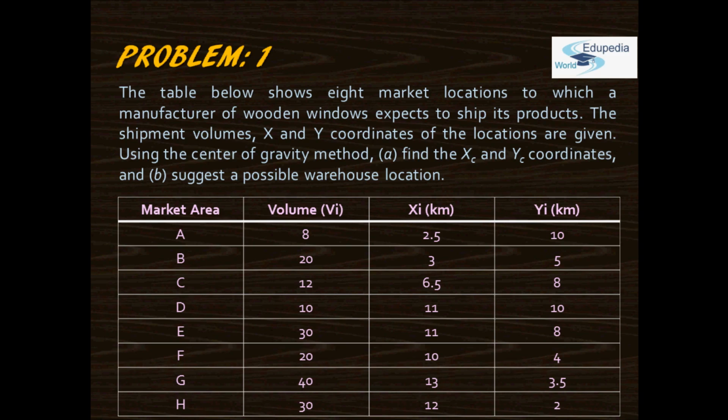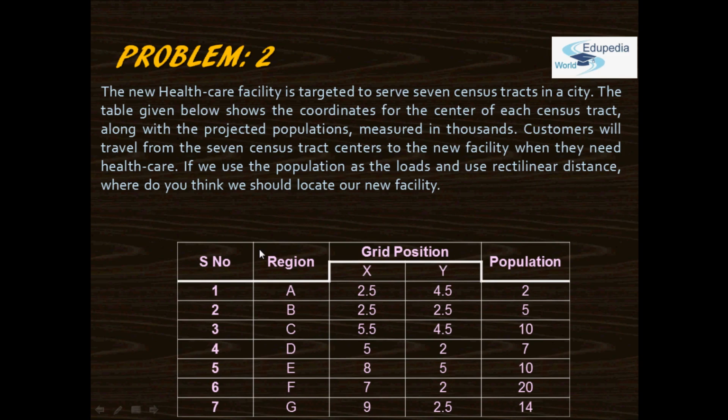Alright, we have another question, and this question is the same as the one which we solved for the load distance method. We have modified the question slightly to suit here, and we can use this for comparison to see how it works and what is the most suitable location if we work using the center of gravity method. So here the question goes: the new healthcare facility is targeted to serve 7 census tracts in a city.